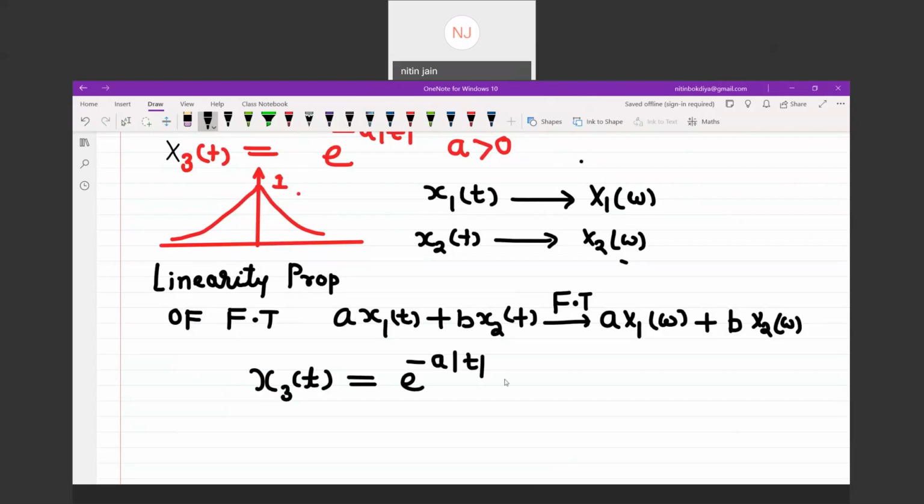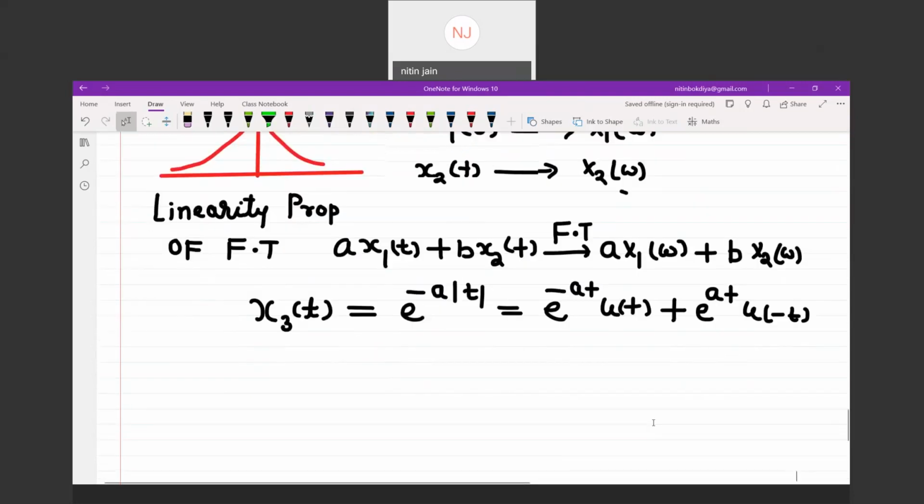You can write this function as e to the power minus at into u(t) plus e to the power at into u(minus t). And for these two functions, I know the Fourier transform.